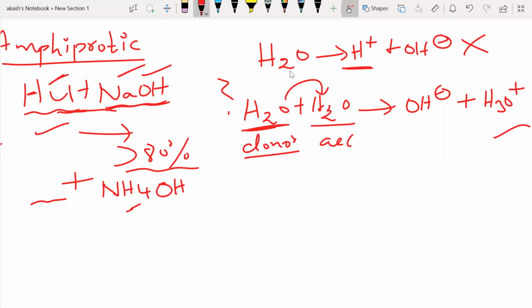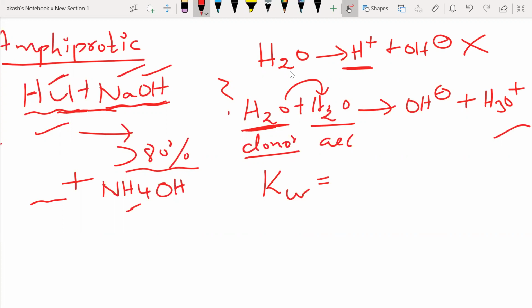Now, for this reaction, if I write my equilibrium constant, since it is the water molecule, I'm going to give a special name to the equilibrium constant. It's going to be called Kw. W represents water. Now this Kw, how will I write?